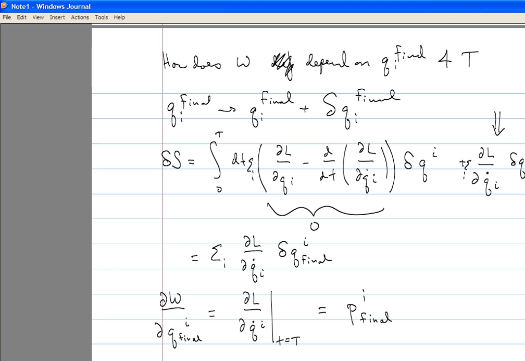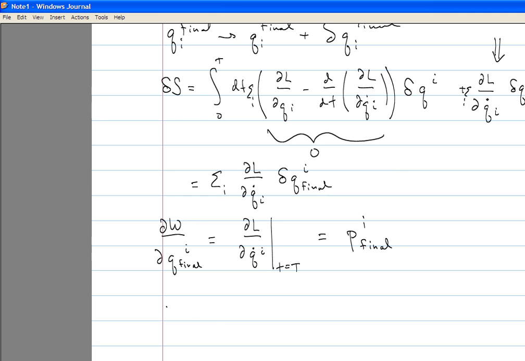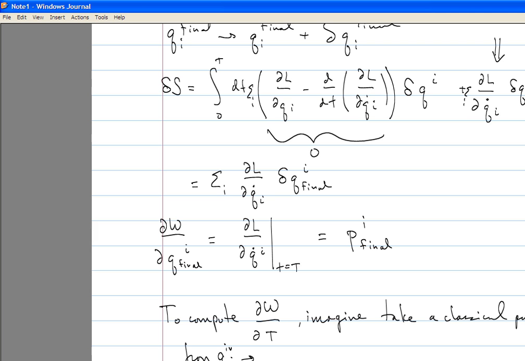But W also depends on T. So what's the derivative of W with respect to T? So to compute the derivative of W with respect to T, let's imagine taking a classical path that goes from QI initial to QI final in time t.